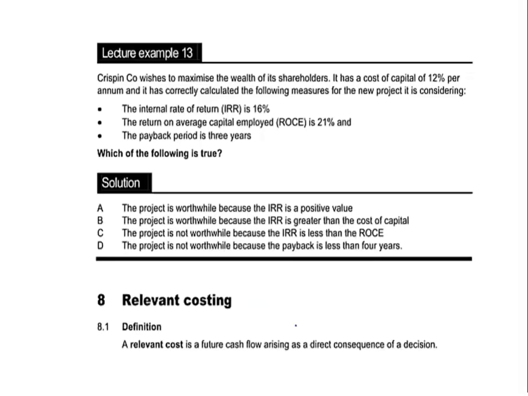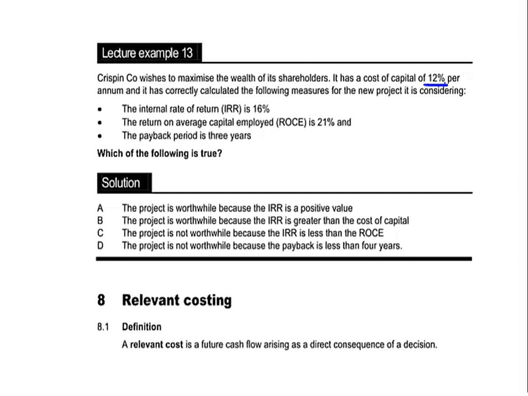In example 13 then, we need to see which of the four statements is true. So the cost of capital, the discount rate, is 12% and the IRR is 16%. The return on capital employed is 21 and the payback period is 3 years.